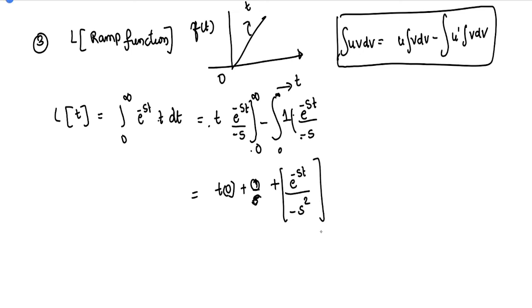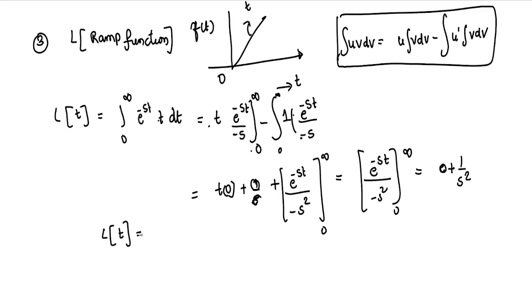Again you can integrate it. The limits are 0 to infinity of e power minus st by minus s square. If you substitute the upper limit, e power minus infinity is 0, and minus of minus is plus. So the Laplace transform of t is equal to 1 by s square.